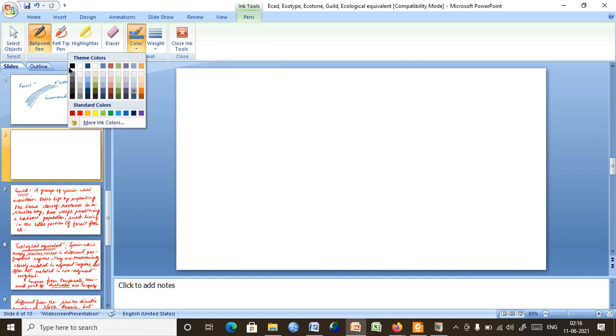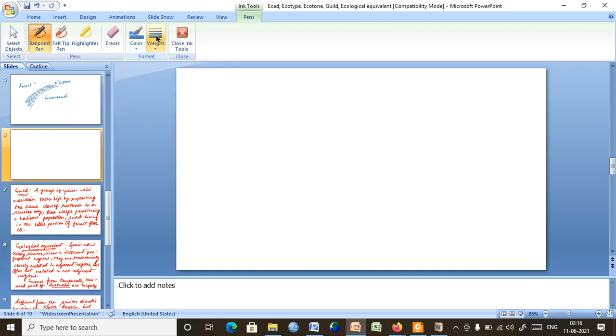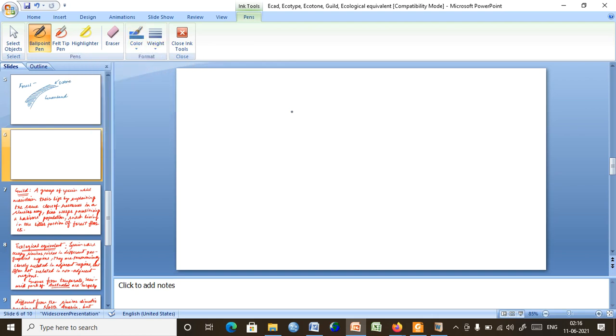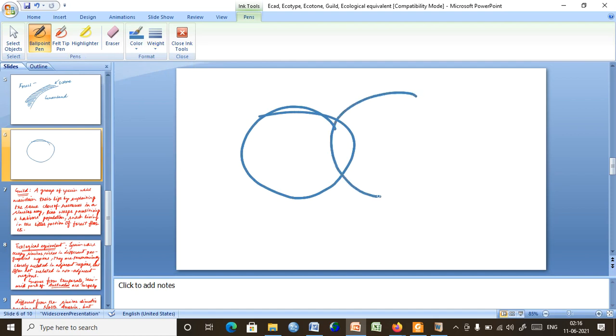Similarly, we can draw a diagrammatic representation. Okay, this interconnecting one.